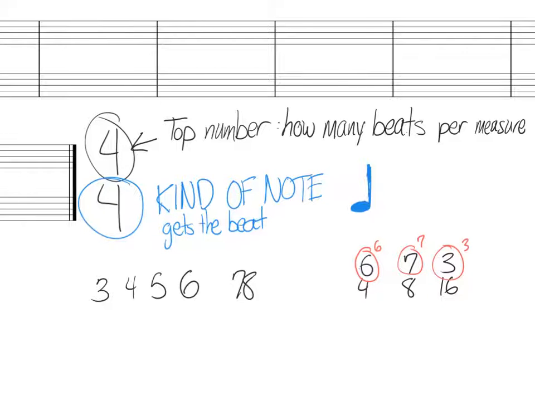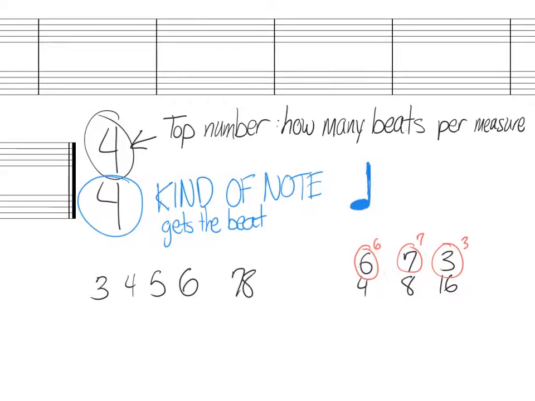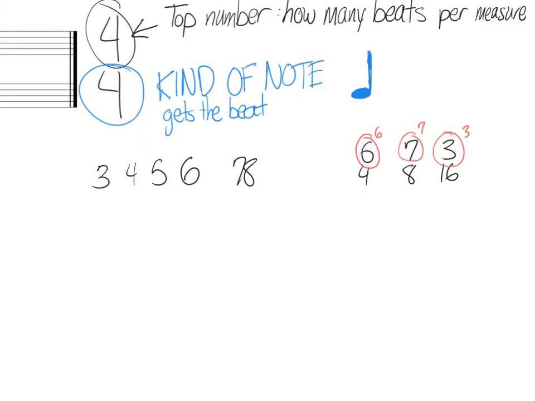And the way you figure out how these bottom numbers work is you take the bottom number and you make it into a fraction. This is a completely different fraction. I'm not talking about the time signature. I am saying take the bottom number and make it into a fraction where 1 is on the top.